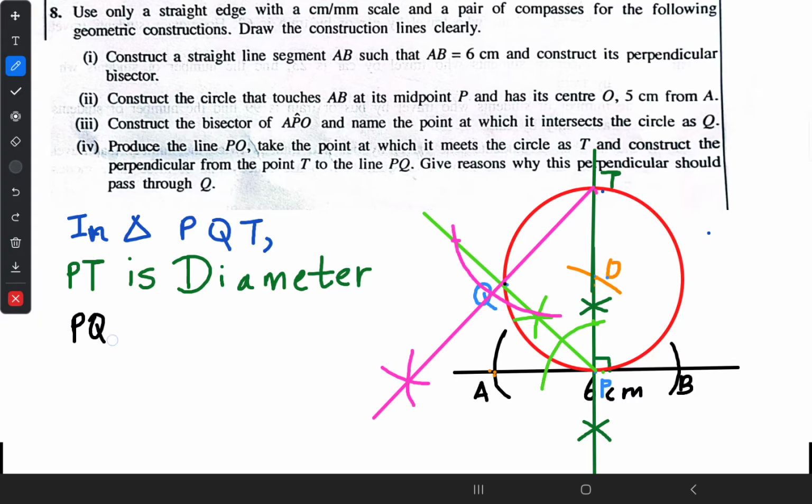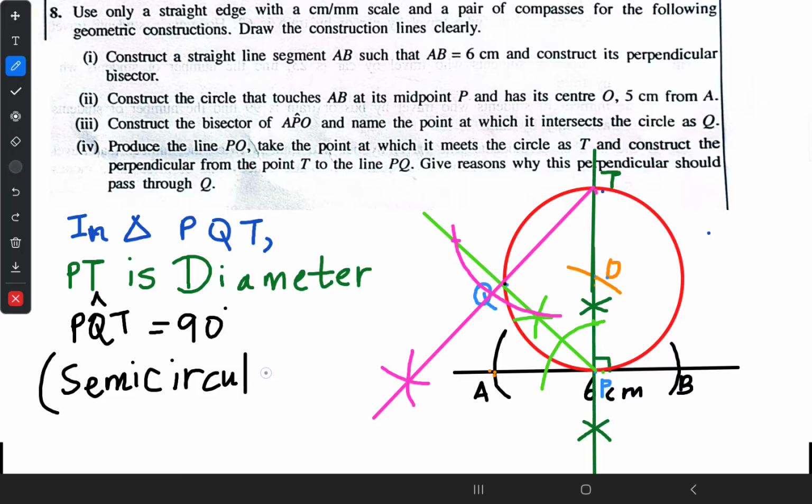Angle PQT equals 90 degrees. What's the reason behind that? You should write that it is a semicircular triangle. A semicircular triangle will subtend 90 degrees on the circumference. That's the reason behind this. That's all.